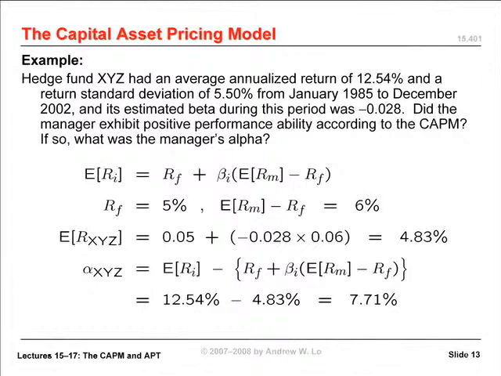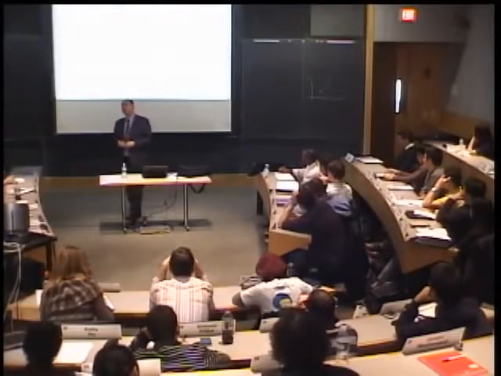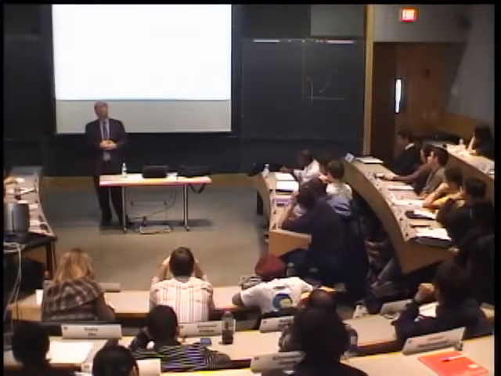So that's an alpha. If you define the alpha as what the manager did earn minus what the manager should have earned, you got an alpha of 771 basis points per year. That's a humongous alpha. Very, very big amount of excess performance.